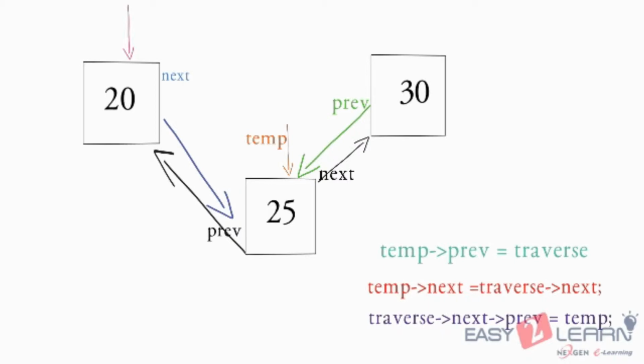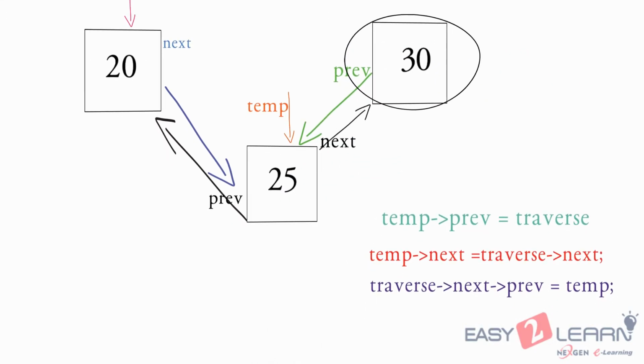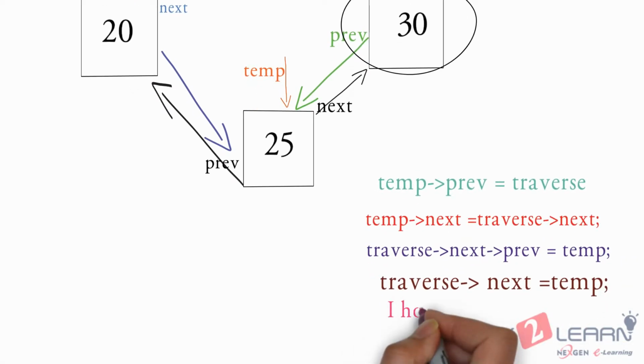Is it confusing? No, please concentrate. So what happens here? Look. Now 30. The previous of 30 should point towards the temporary variable and the next of traverse should point towards the temp. I hope you understood this.